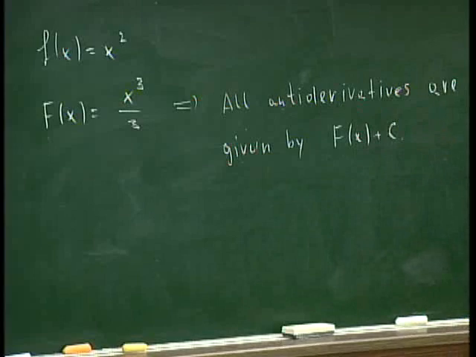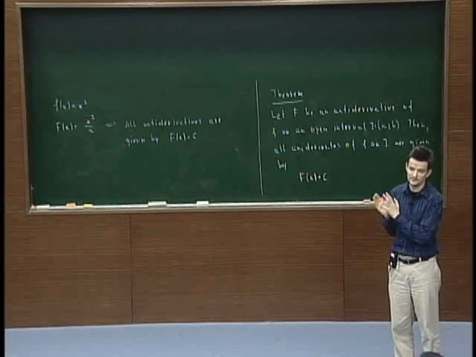Because we have already learned for quite a lot of elementary functions how to compute a derivative, if we look at the table which tells us the derivative for every function, and read it the other way around, we now get results for antiderivatives.